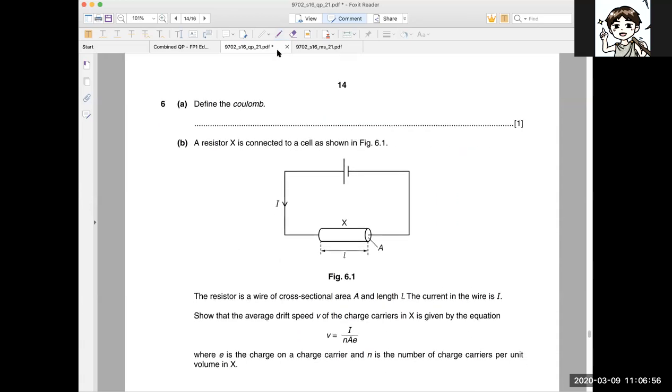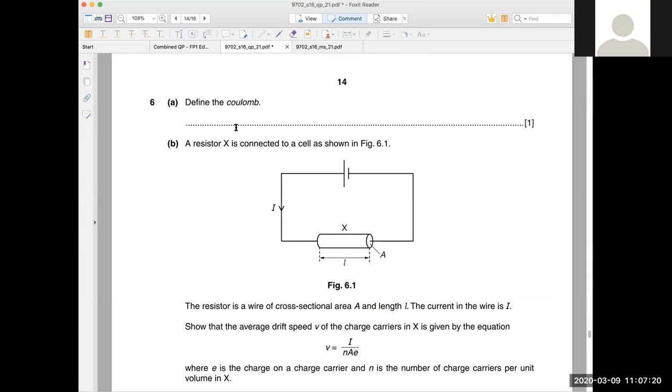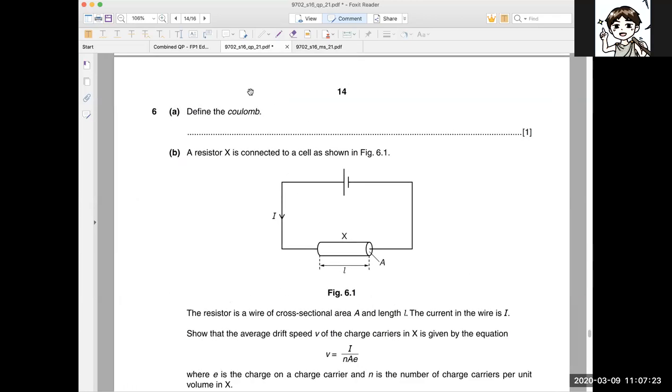Define Coulomb. So what formula is related to Coulomb? Q equals I T, ampere times time. The charge is current times time. But you are defining Coulomb, so it's not like defining the quantity.